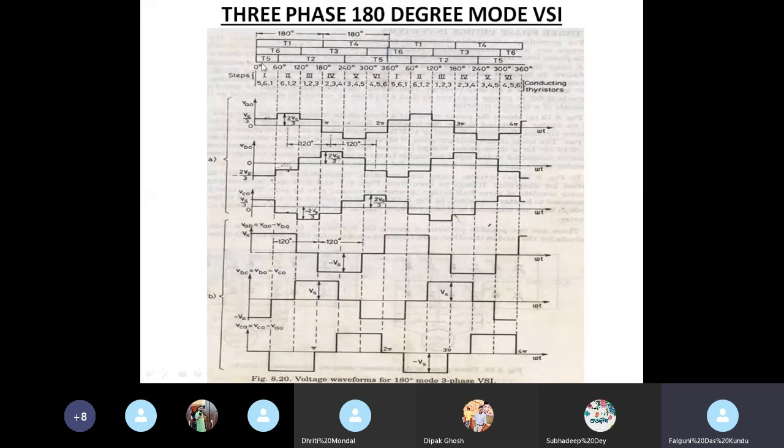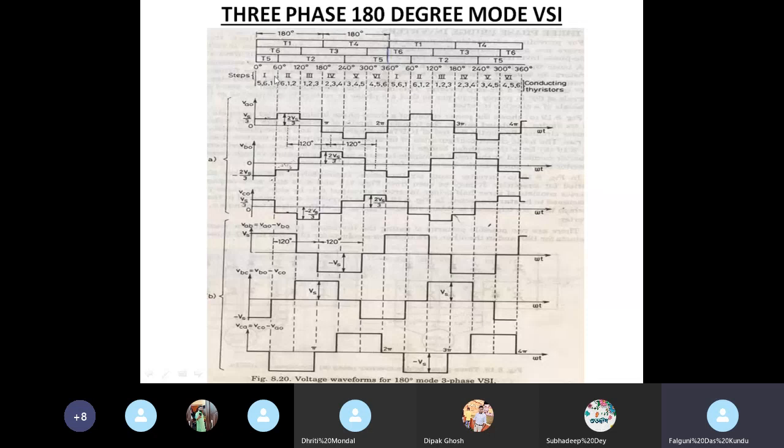And again for the third phase we see that T5, T2, T5, T2 and again T5. These spacings are 60-degree spacings, because we give the gating signal after 60-degree intervals.